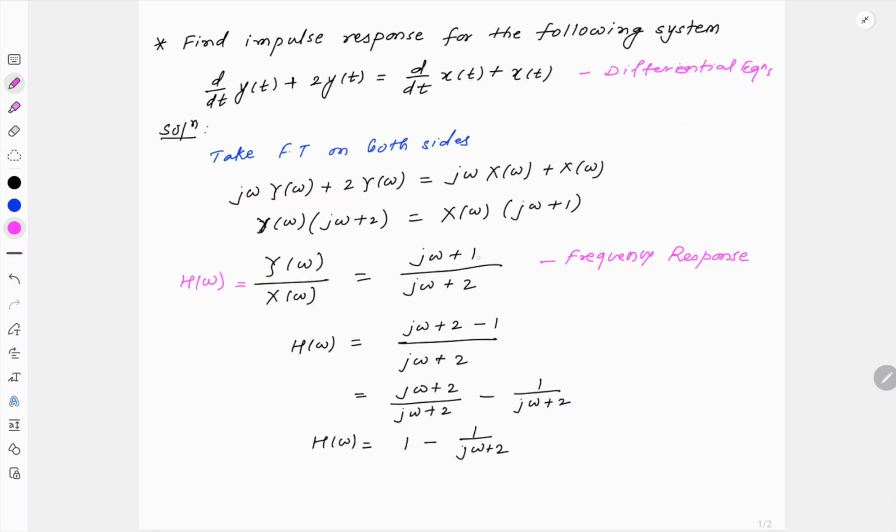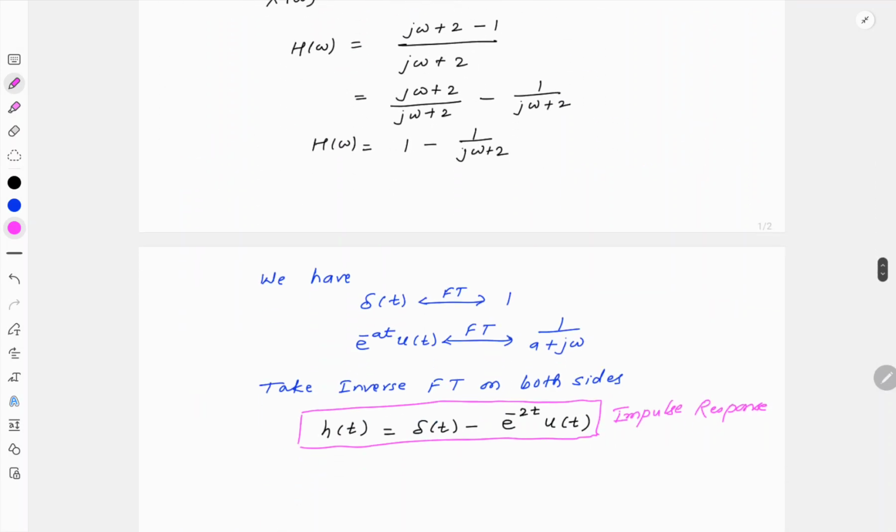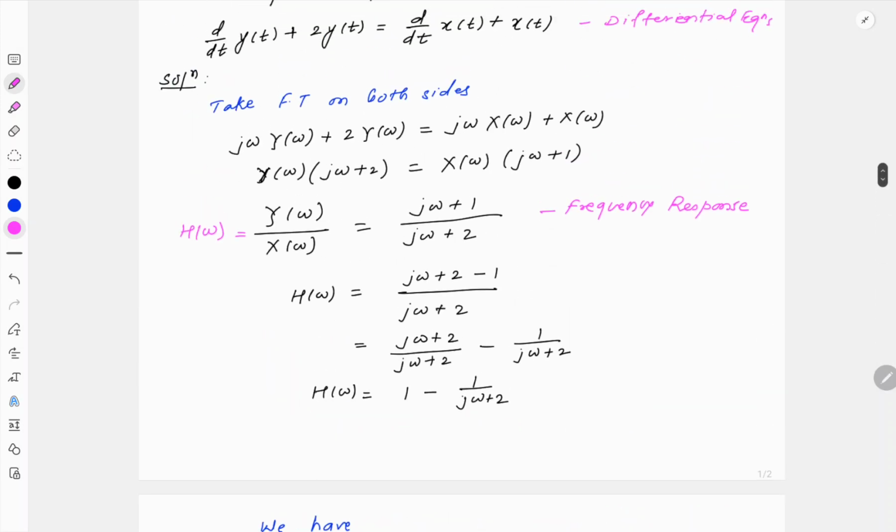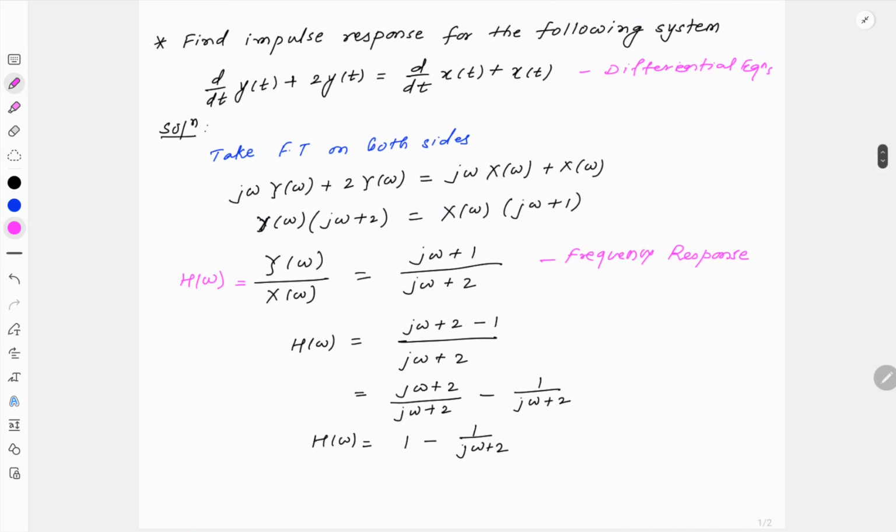Take the inverse of this equation using partial fraction expansion or the simplest way of rearrangement, and you will get the impulse response for the given frequency response. Remember, impulse response is in the time domain and frequency response is in the frequency domain. So this is how we can solve examples on differential equations, frequency response and impulse response.